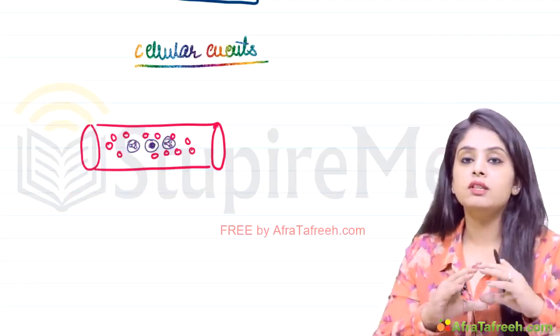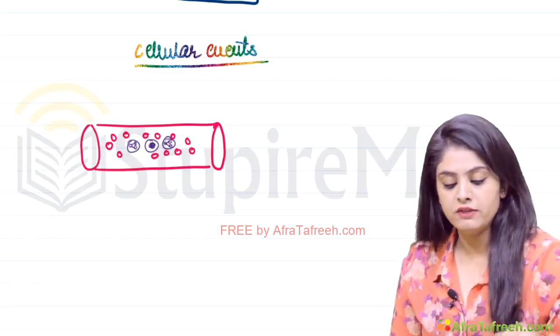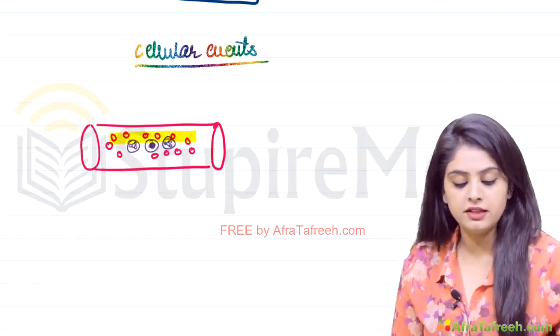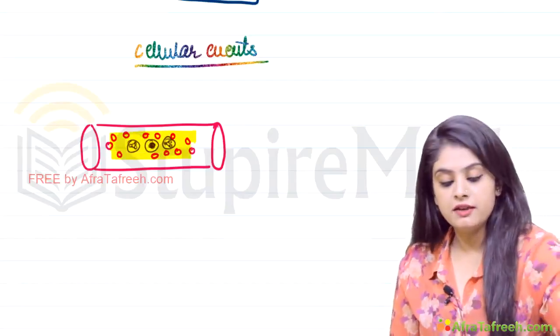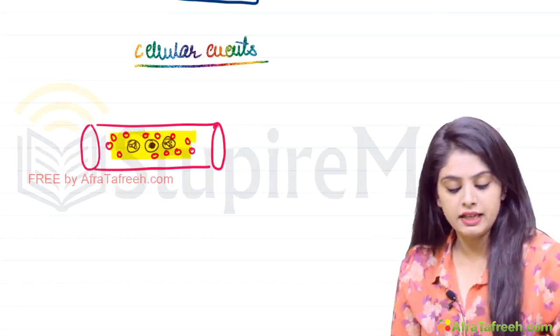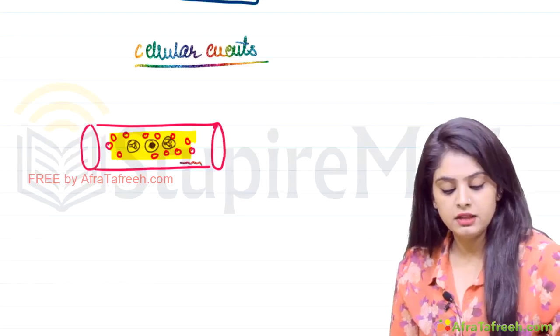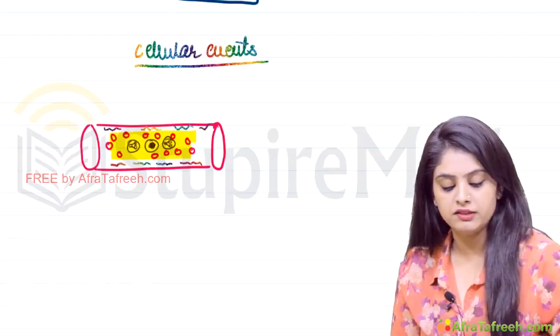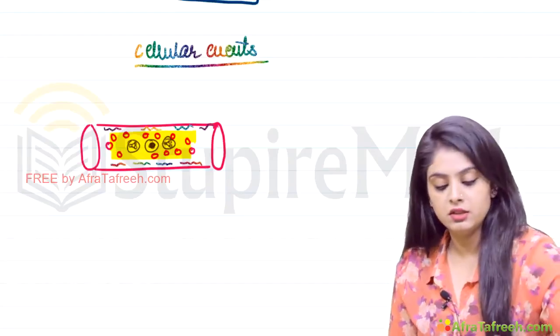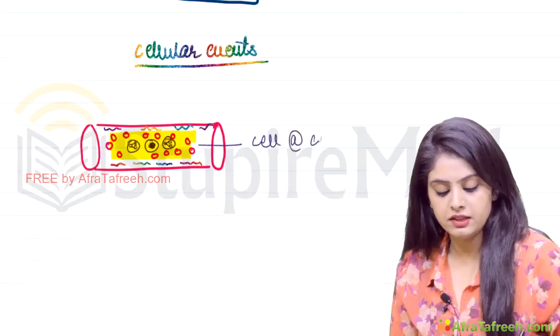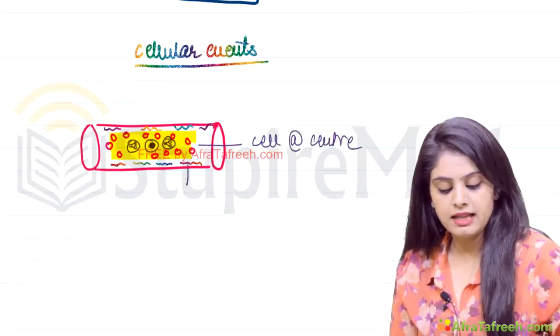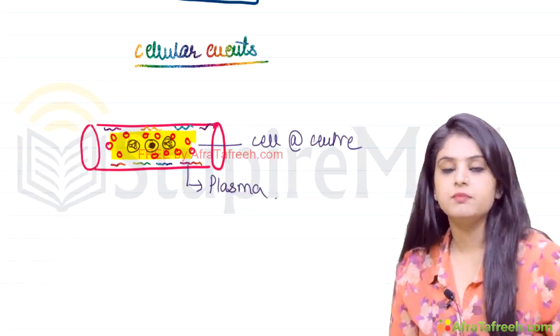All the cells are going to flow in which compartment? In the center of the blood vessel. Whereas what flows at the periphery? Remember, at the periphery or the margin of the blood vessel, we have the plasma. So the cells are at the center of the blood vessel, and the plasma is at the margin or the periphery of the blood vessel.